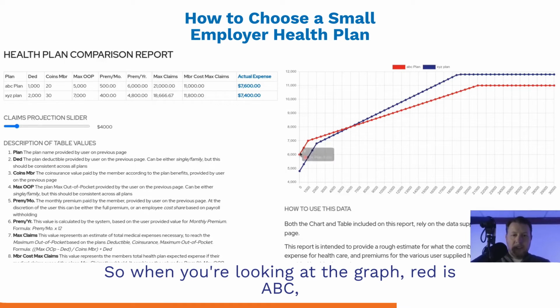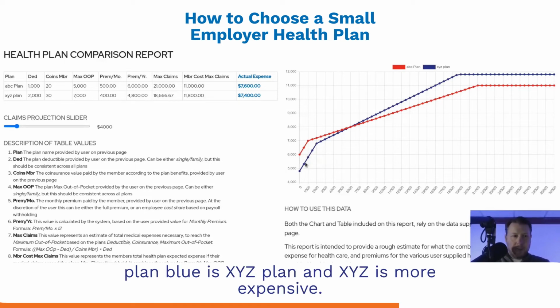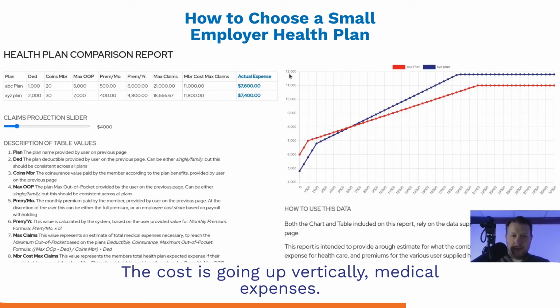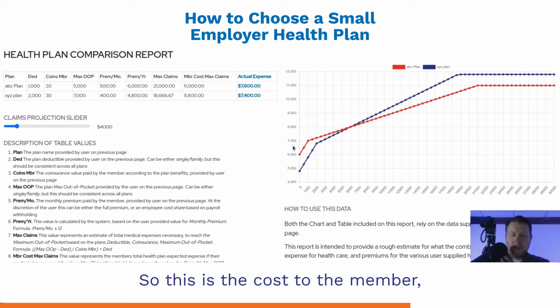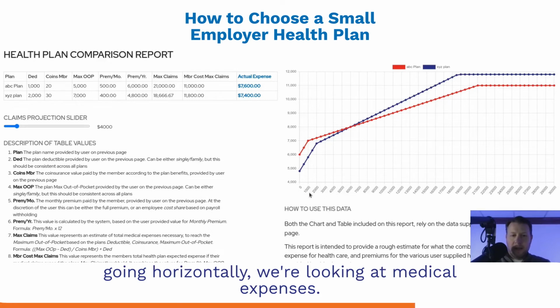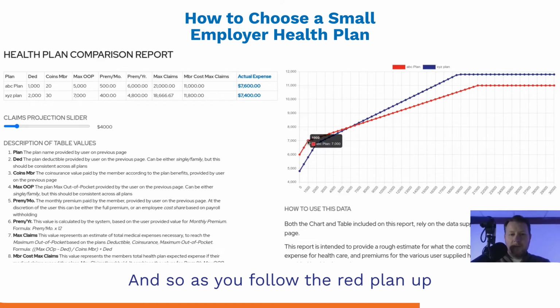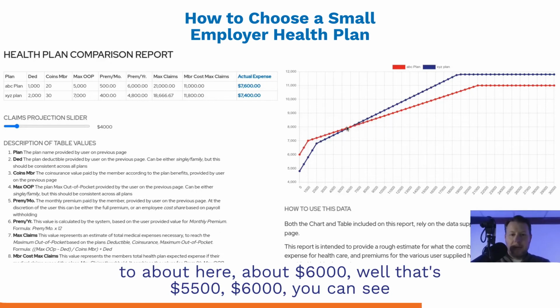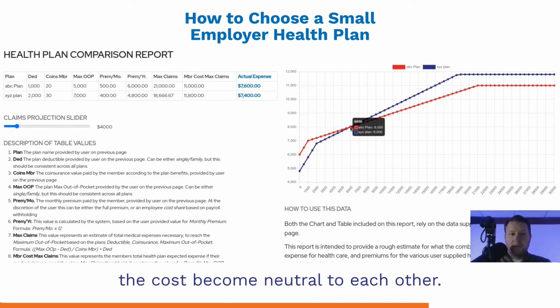So when you're looking at the graph, red is ABC plan, blue is XYZ plan, and XYZ is more expensive. The cost is going up vertically. So this is the cost to the member, out-of-pocket expenses plus premium, and then going horizontally, we're looking at medical expenses. And so as you follow the red plan up to about here, about 6,000, well, that's 5,500, 6,000, you can see the costs become neutral to each other.